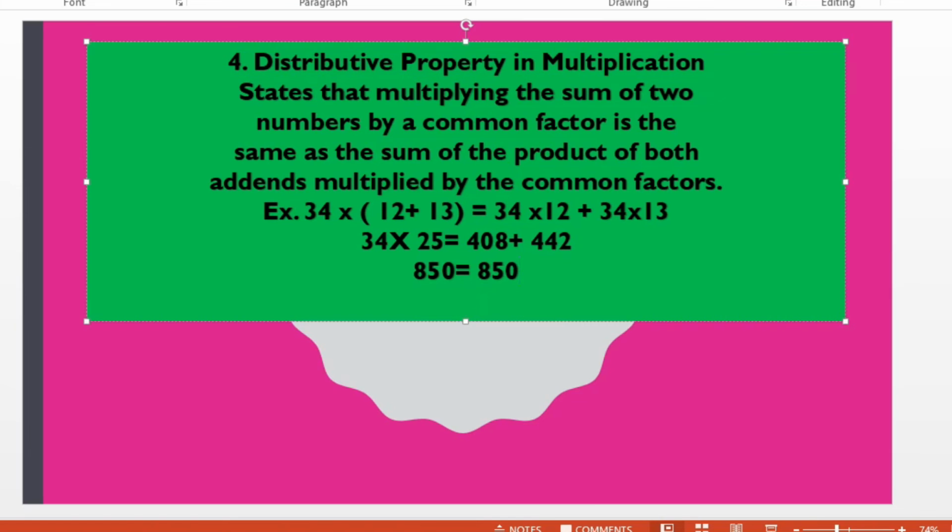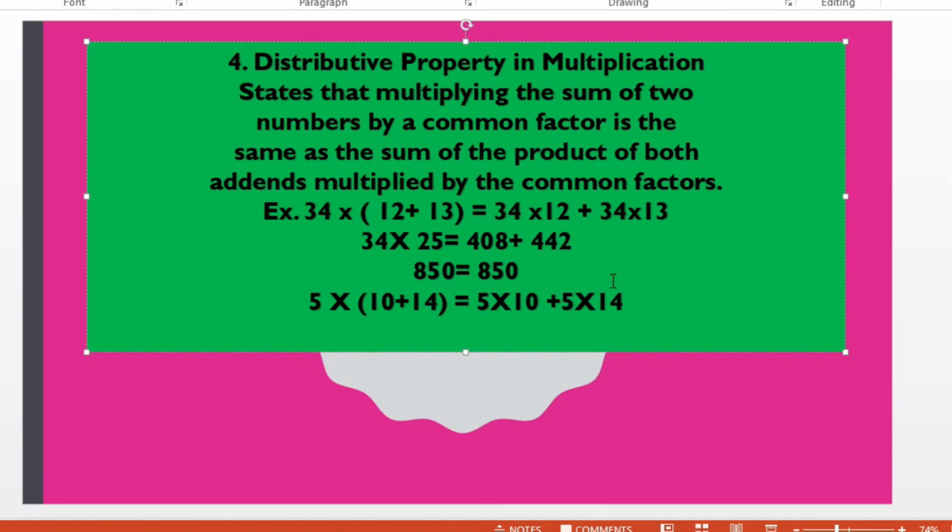So, another one, 5, we are using a small number, times, open and close parenthesis, 10 plus 14 equals, so we're going to distribute 5 times 10, plus another one, 5 times 14.